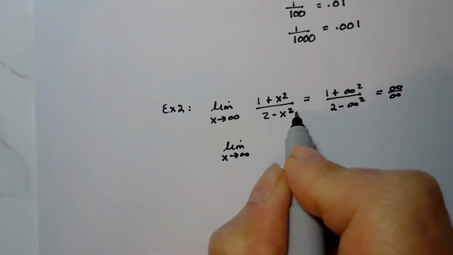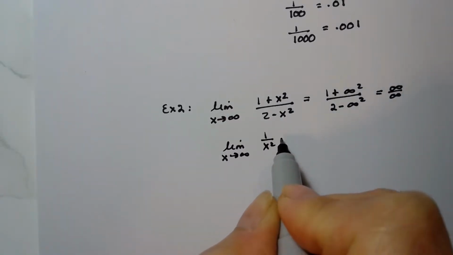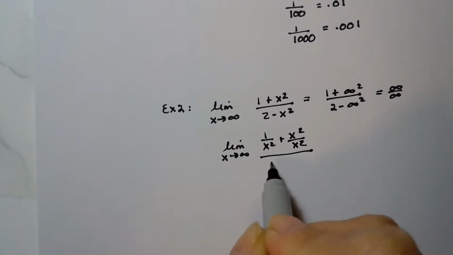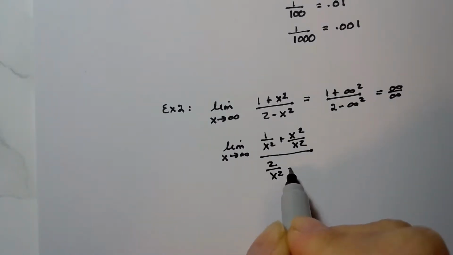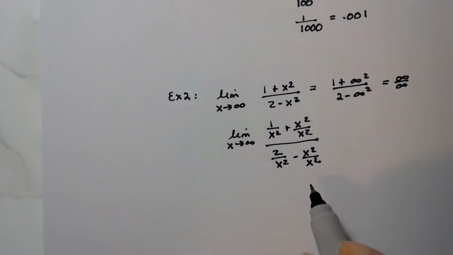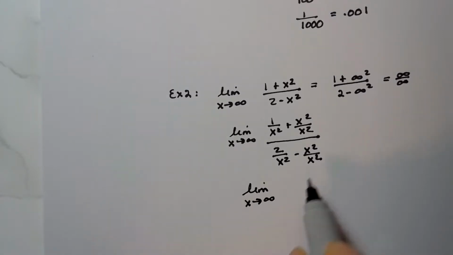The highest degree variable downstairs is x squared, so I'm going to do 1 over x squared plus x squared over x squared, all divided by 2 over x squared minus x squared over x squared. And then you're going to clean that up. That's the limit as x approaches infinity of 1 over x squared, nothing to clean up there, plus 1, all over 2 over x squared minus 1.